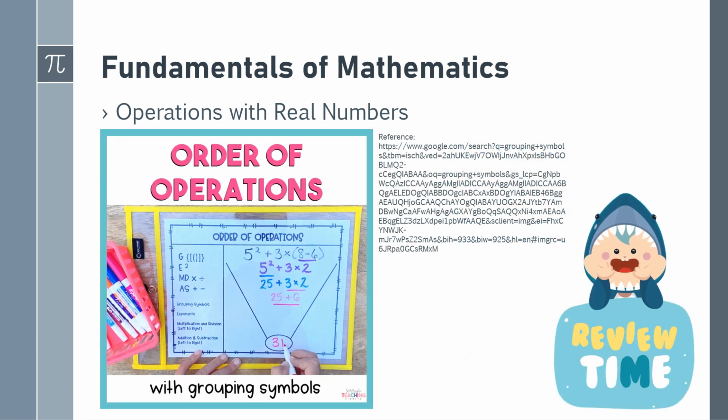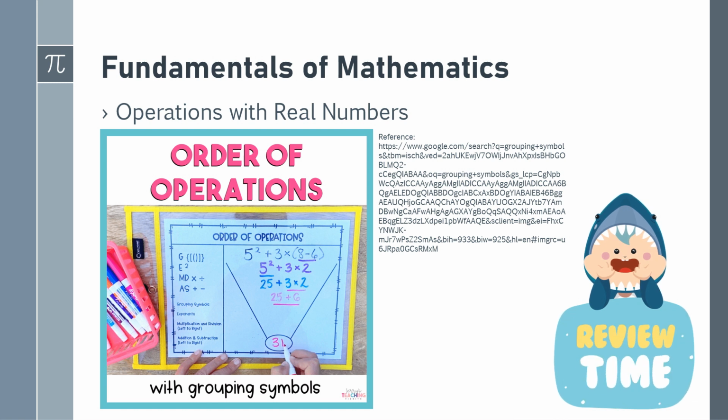In operations with real numbers, we always follow the general knowledge na nakasanayan na natin gawin. Ito yung tinatawag nating GEMDAS, which stands for groupings, exponent, multiplication and division, addition and subtraction.